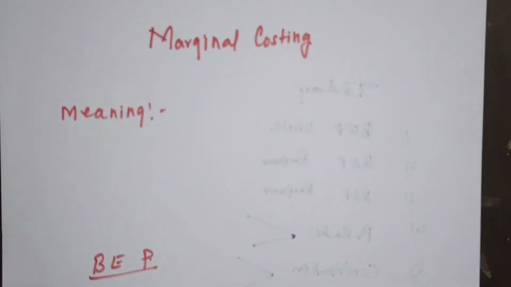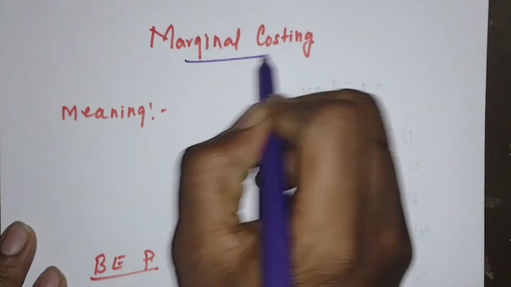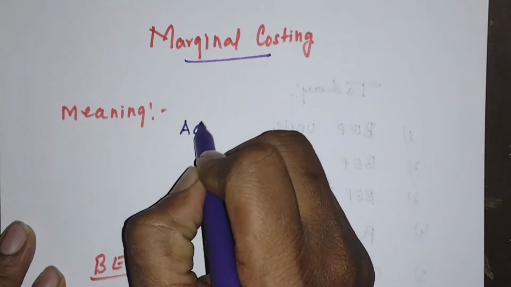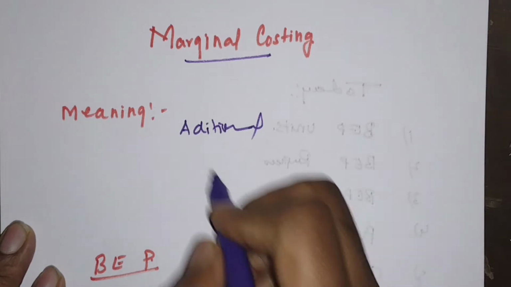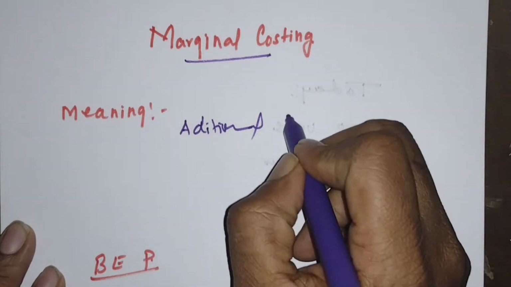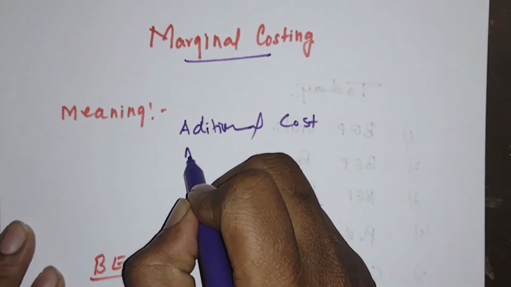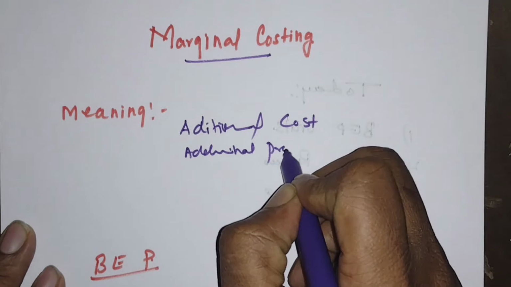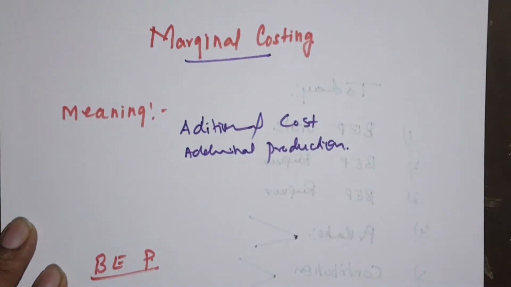What is this marginal costing? In simple meaning, it is the additional cost incurred for additional production.